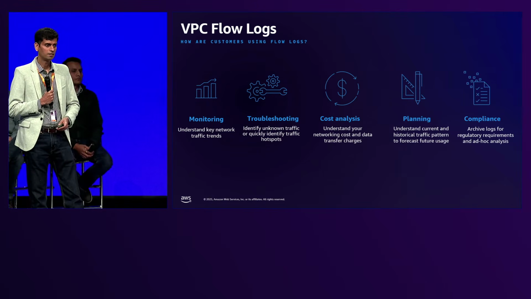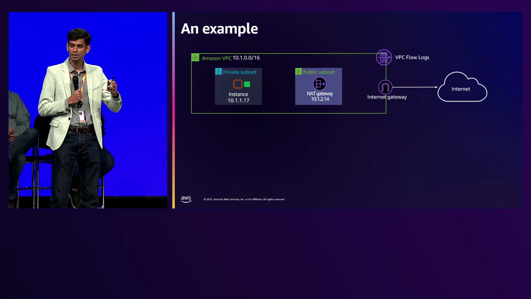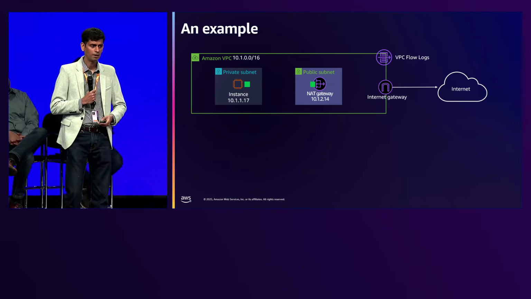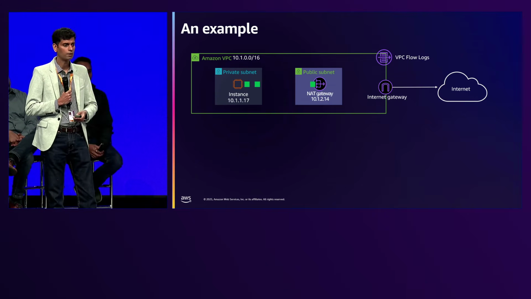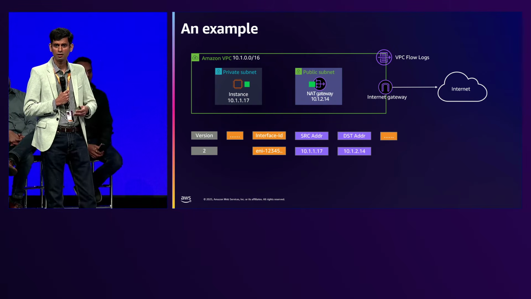So let's understand this with an example, right? Let's say an instance is trying to communicate to a destination on the internet via the NAT gateway. As traffic flows through your network, VPC Flow Logs can provide meaningful information about the source address, destination address, protocol, port, interface ID.